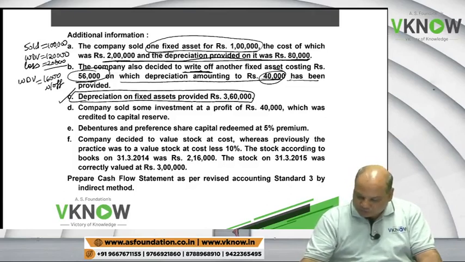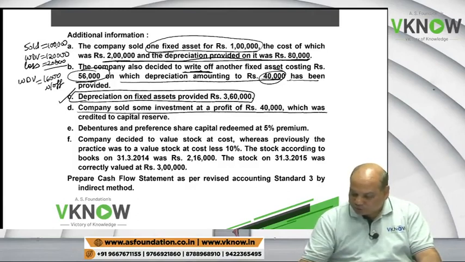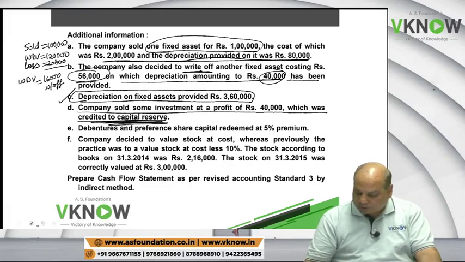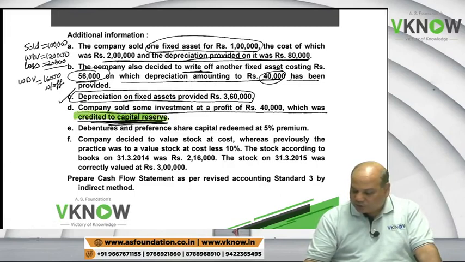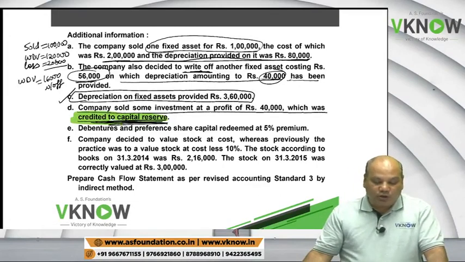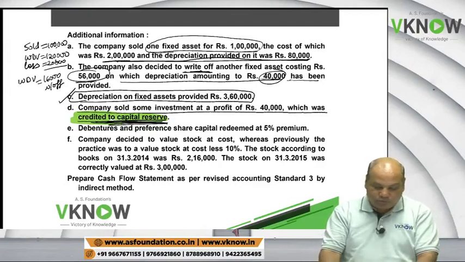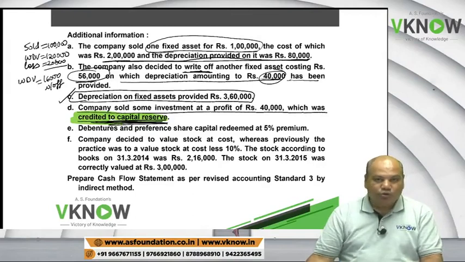That is easy. Company sold investment at a profit of 40,000, underline, which was credited to capital reserve. Please underline, otherwise you will ask me why we have not taken it in the P&L account. When the question setter is saying it was taken to capital reserve, who am I to tell you that it is taken to the P&L account?